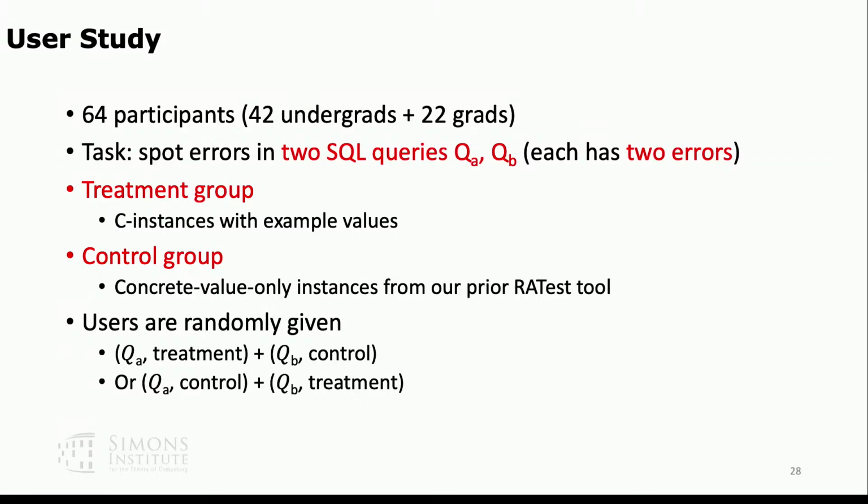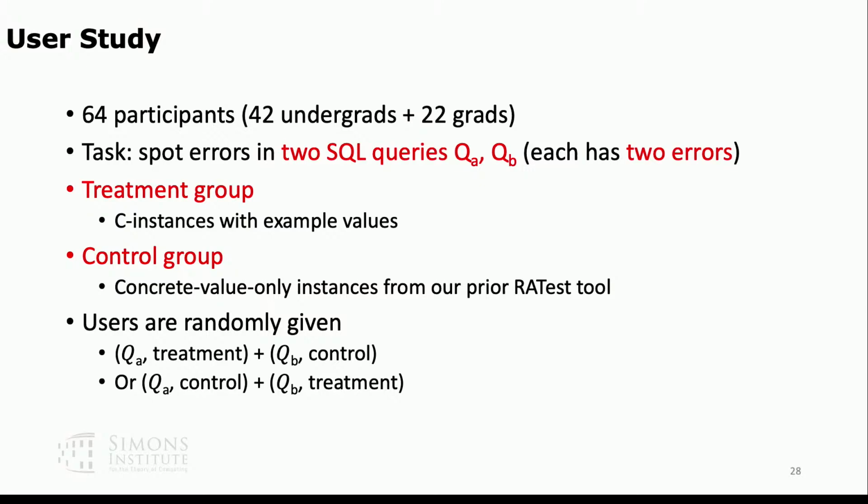When you work with students, you cannot do a fully randomized control study. You cannot give half of the students one query and the other half the other query. So we randomized with the query: half of the students got QA as the treatment and QB as the control, and the other half got QA as the control and QB as the treatment.